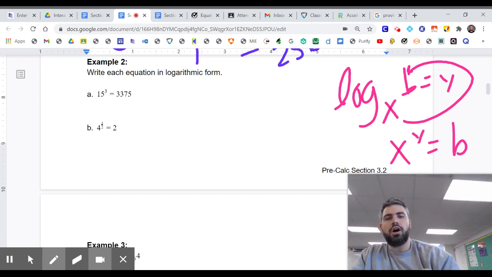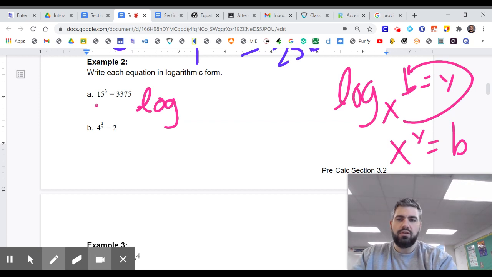So we are going to unpack this one. The base of our exponent is 15, so this would be log base 15 of something equals 3, because we want 15 to the third power equals something. So this would be 3,375.